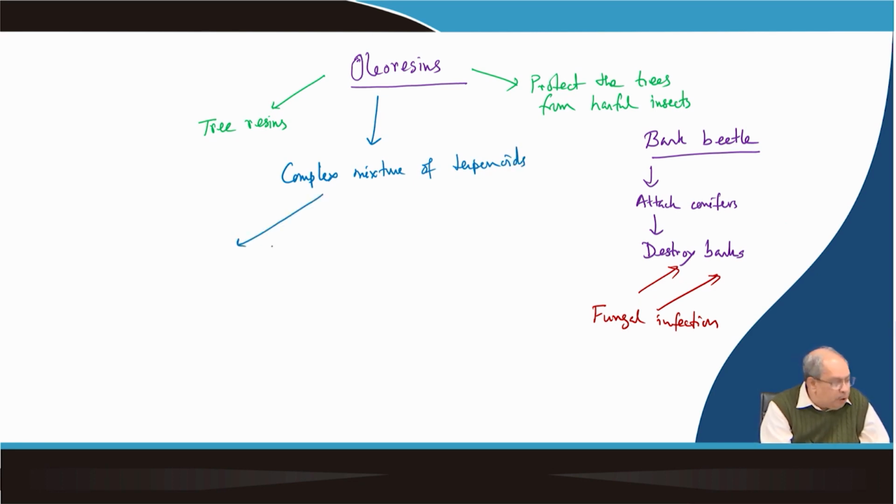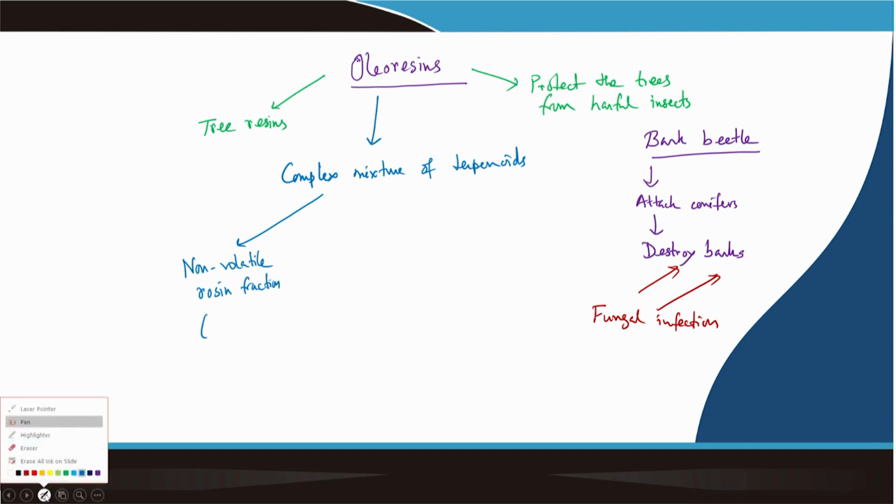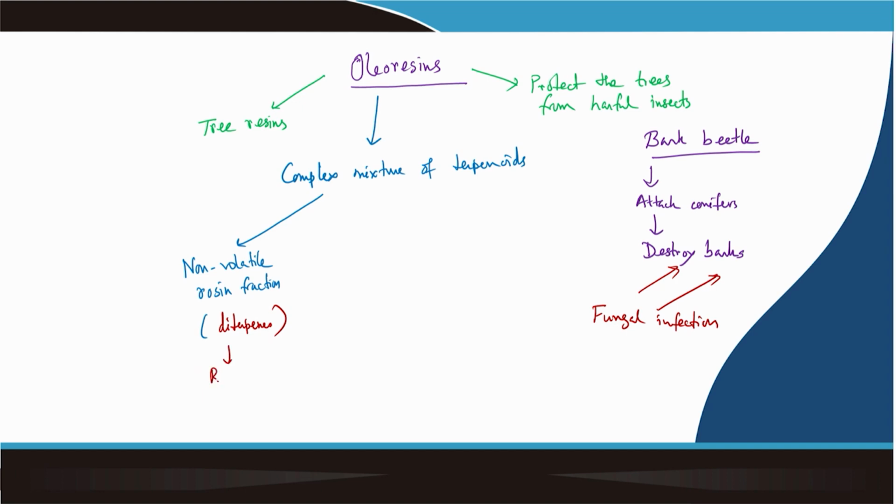This includes two parts. One is the non-volatile rosin fraction, and these are mostly diterpenes, the C20 compounds. Examples include the different resin acids such as abietic acid, which I mentioned in the previous class.